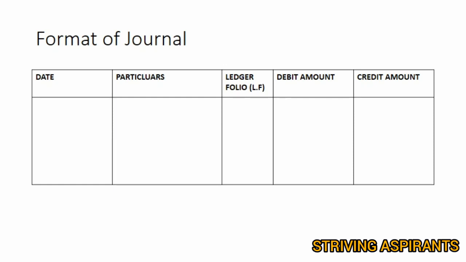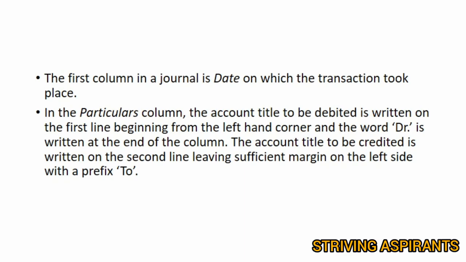One account will be debited and one account will be credited. The ledger folio is our reference number, and the debit amount and credit amount we give in the respective columns.